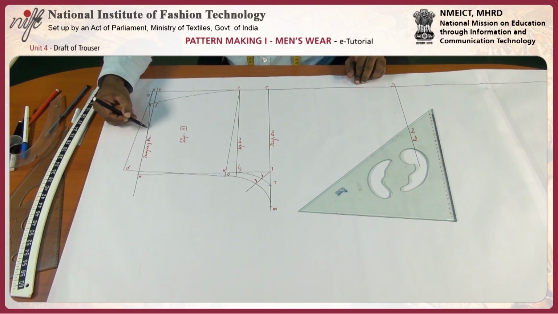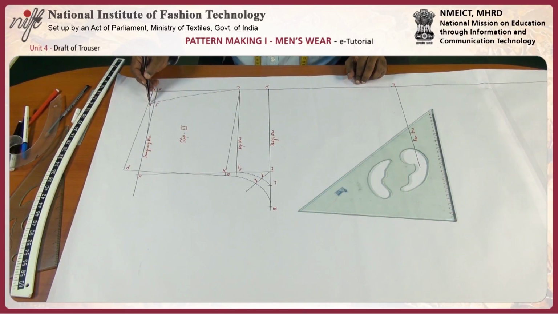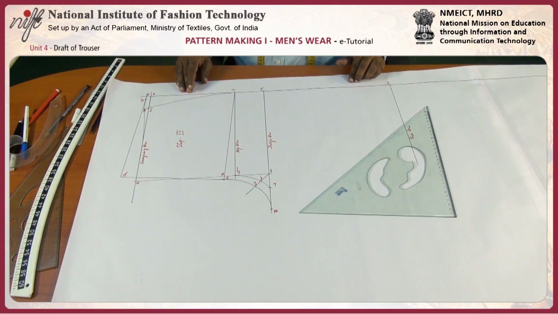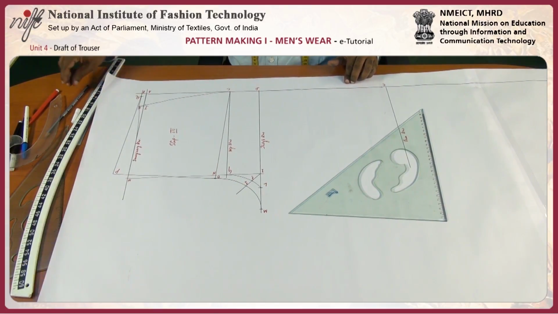This will be front waist arc and the side seam of the front leg. Now moving to next point.